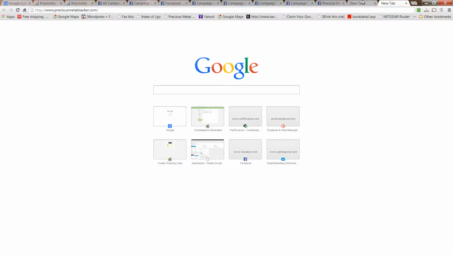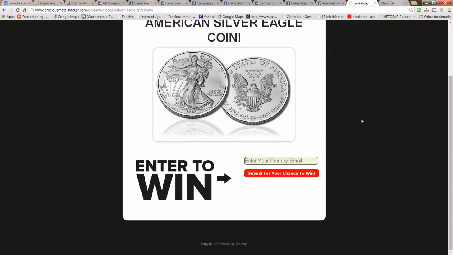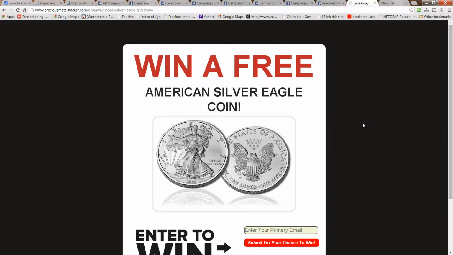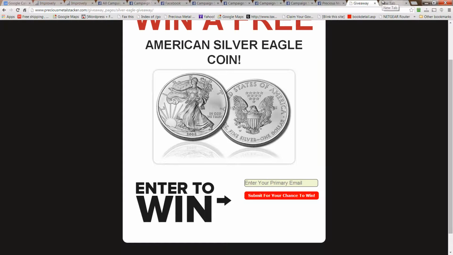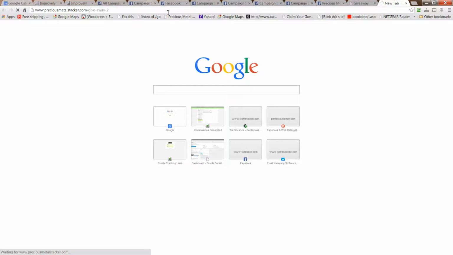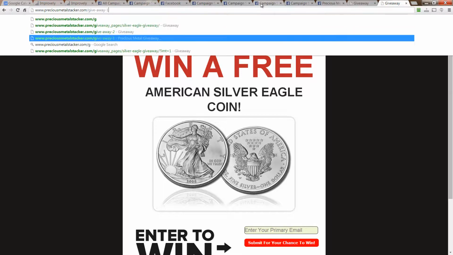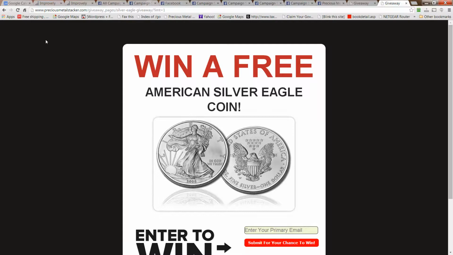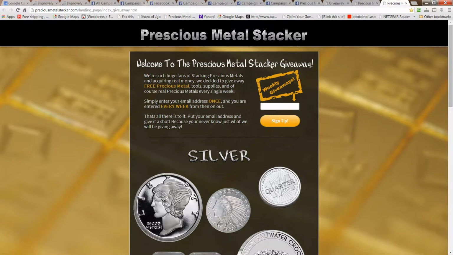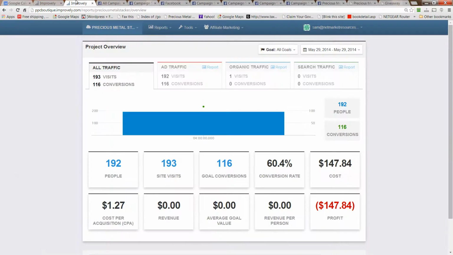So this is the first page, the plugin that Don uses, and let's see if I can find the swipe page that we use as well. All right, so this was the other page. We split tested this landing page versus this landing page, and we came up with a winner there.